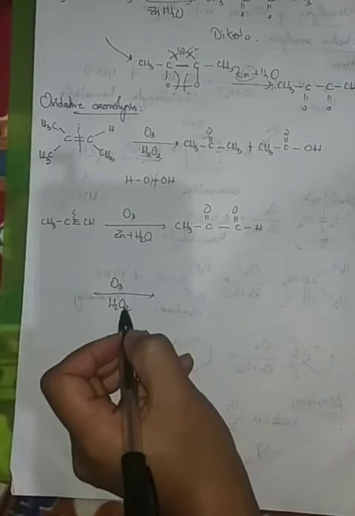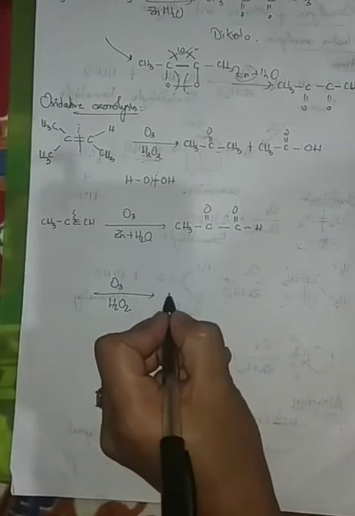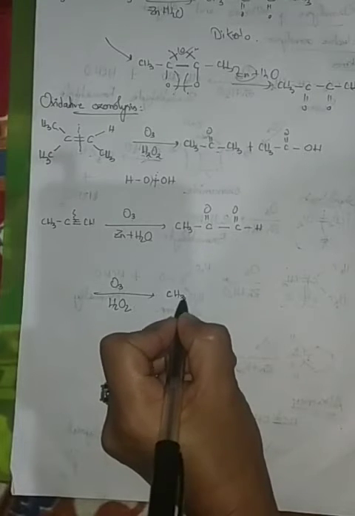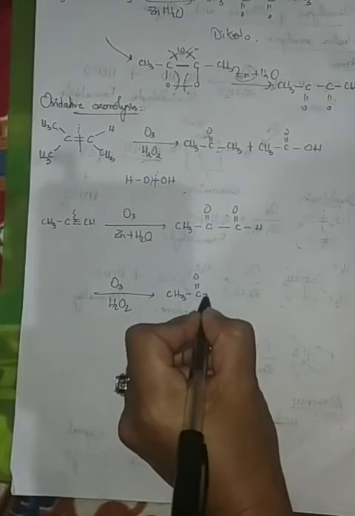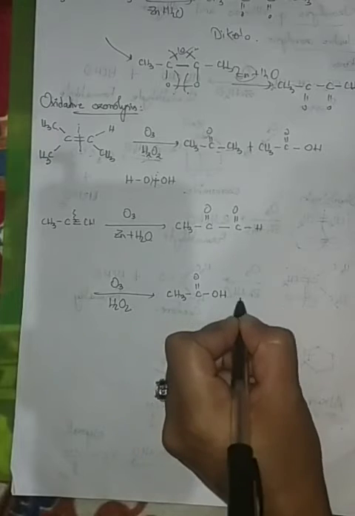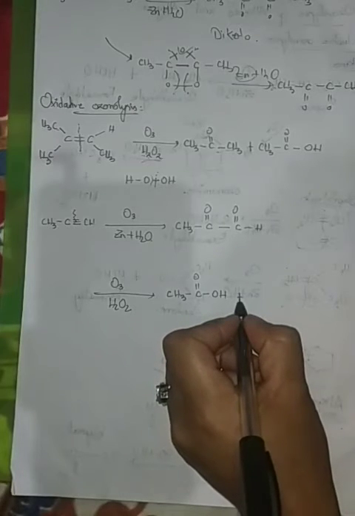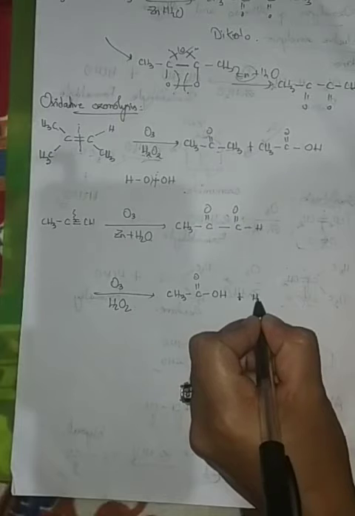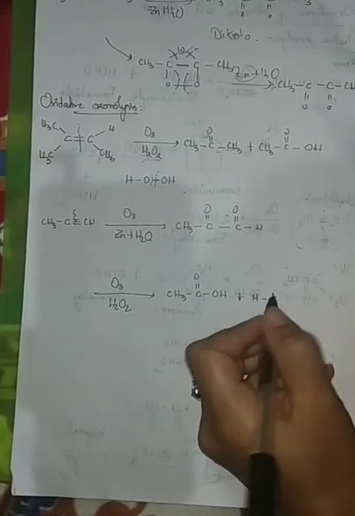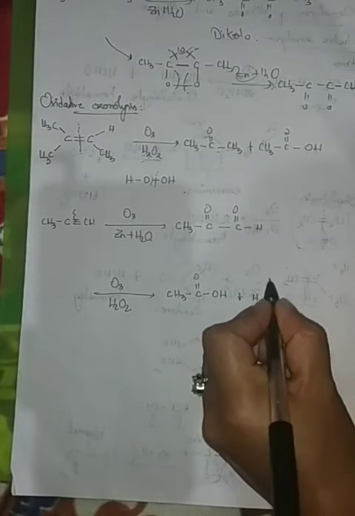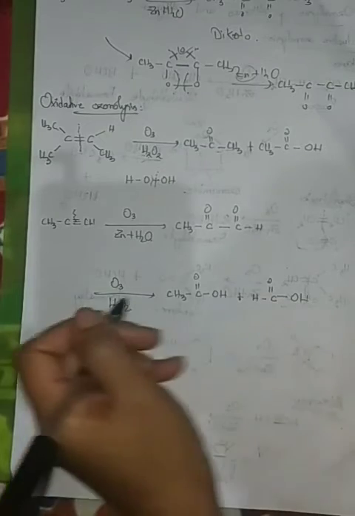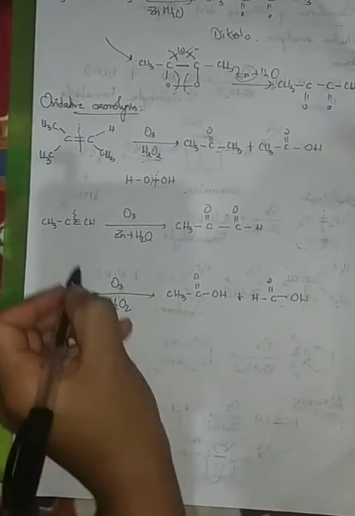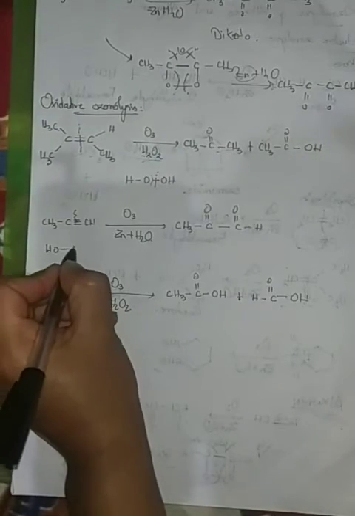Now, what happens when oxidative ozonolysis takes place? We'll be getting CH3 C double bond O, one OH group, and then another group here, which would be H C double bond O H. Now for this type of molecule, there is HO, OH.